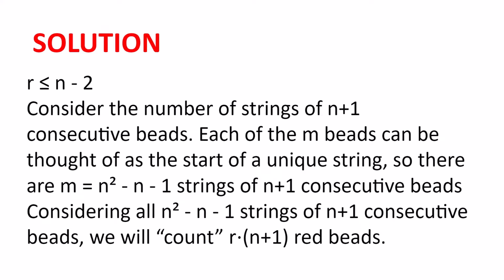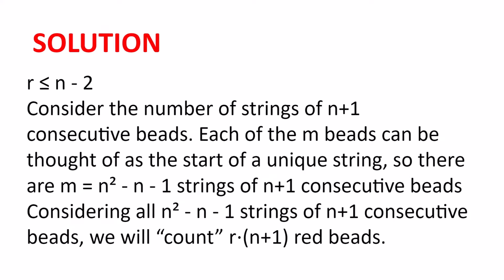Now let's consider the number of strings of n plus 1 consecutive beads. Like we discussed in the motivation section, each of the n beads can be thought of as the start of a unique string with a fixed direction, say clockwise. And so there are m equal to n squared minus n minus 1 strings of n plus 1 consecutive beads.